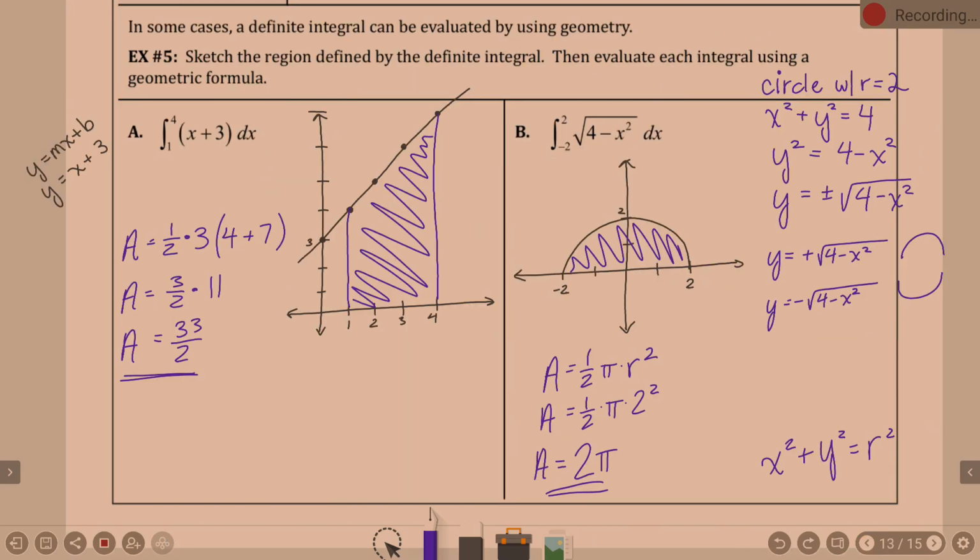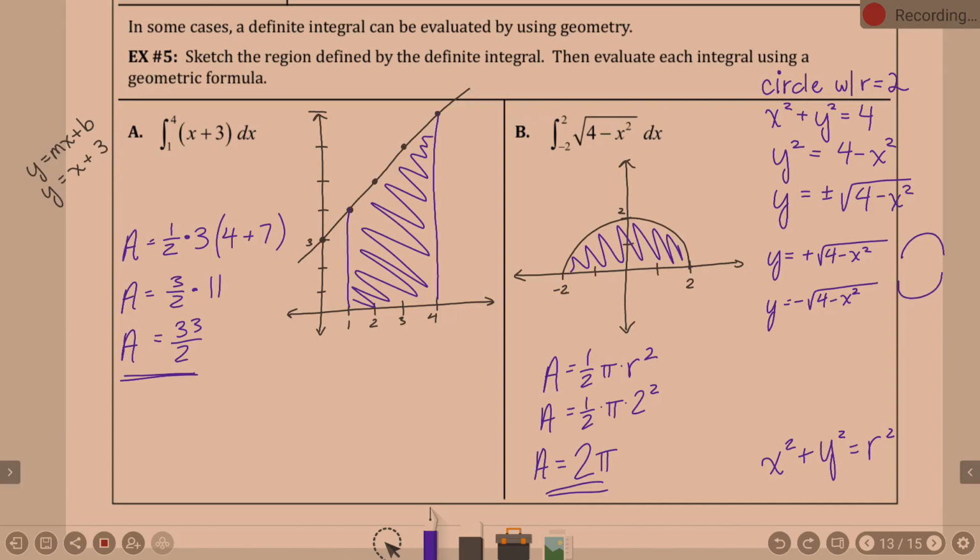And right here, square root of 4 minus x squared is the top half of the circle, right? On this problem, we were doing negative 2 to 2. We're being asked 0 to 2, which means we're not doing the entire top half of the circle. We're going to do that right quarter of the circle. Does that make sense?